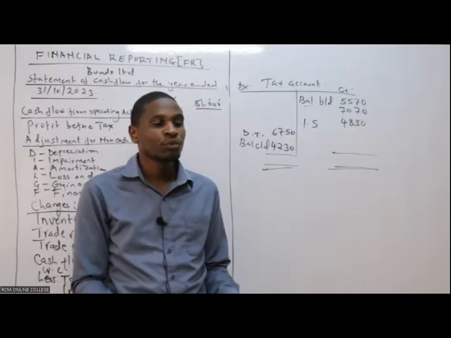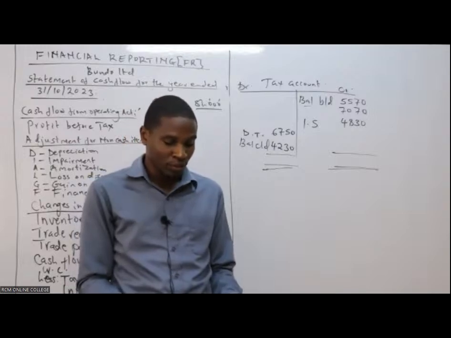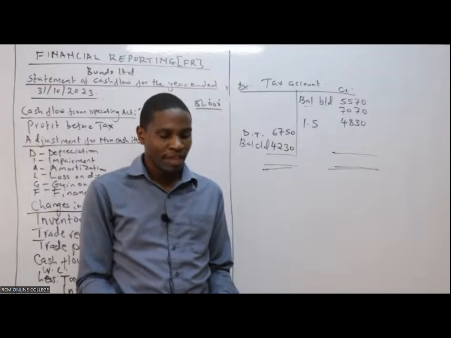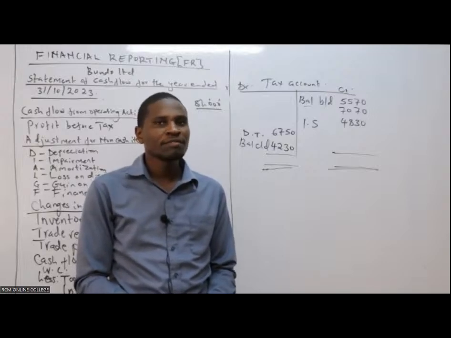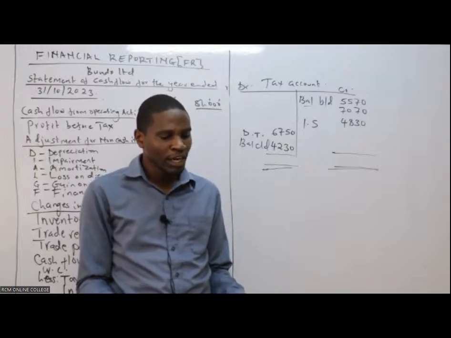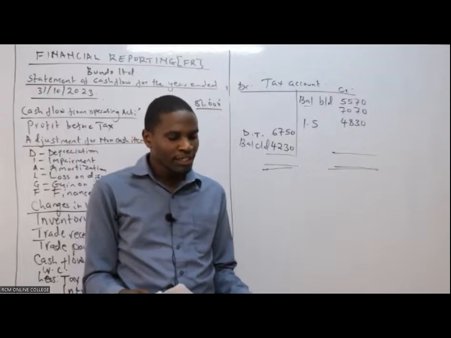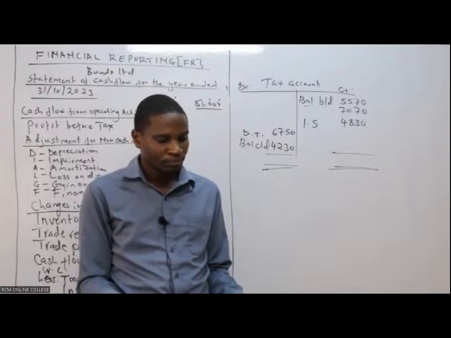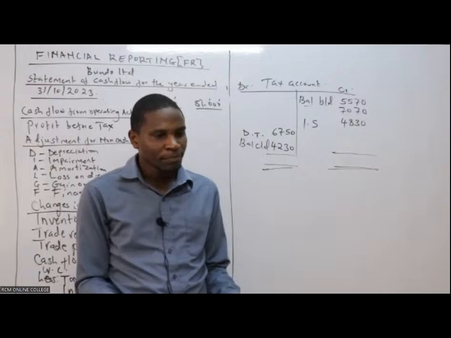Sasa, here we have to think what the examiner is trying to tell us. So there was revaluation gain, and this revaluation gain was 1200. So what is 30% of 1200?